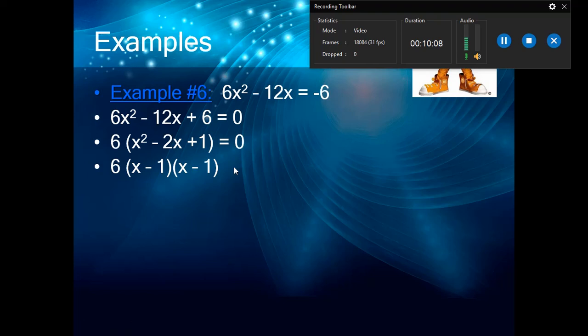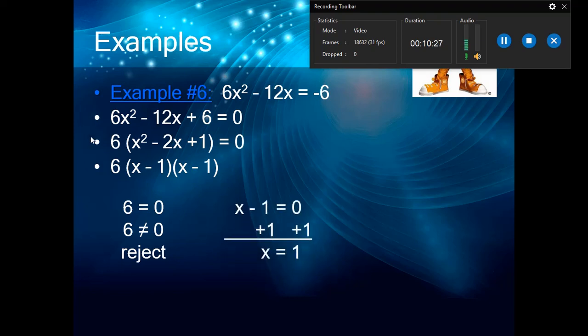The 6 as a greatest common factor does get set equal to 0, but we know that this is not true, so we slash that 6 does not equal 0, and this factor becomes rejected. We do write reject on our paper, so please make sure you do that. X minus 1 is my first binomial factor, so I'm going to add 1 to both sides, and I have a root at 1, and you will notice that both of the binomials were the same.